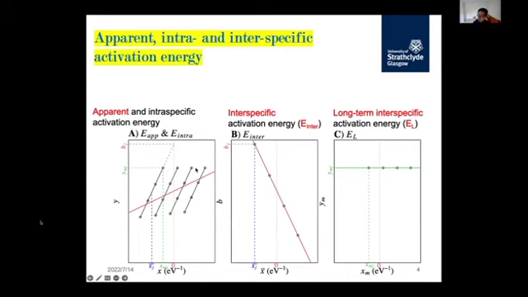So this is a case of perfect thermal adaptation. There is a way to quantify this interspecific activation energy: if we calculate the intercept of each black line and plot them against the average temperature of each species, we get a negative slope.